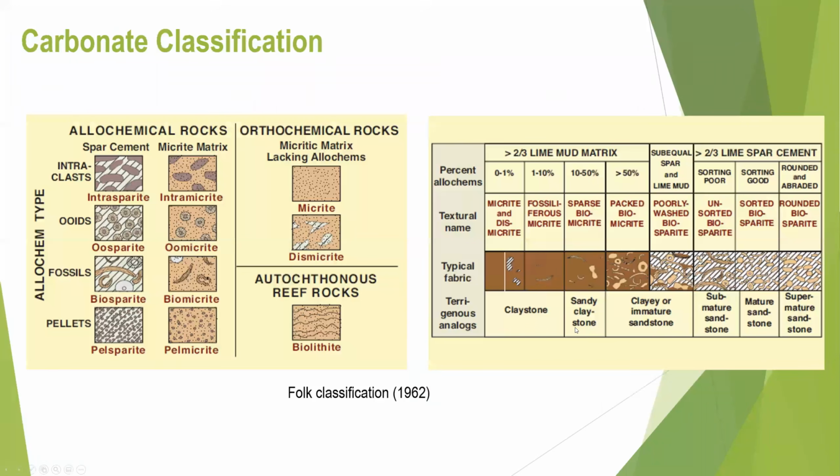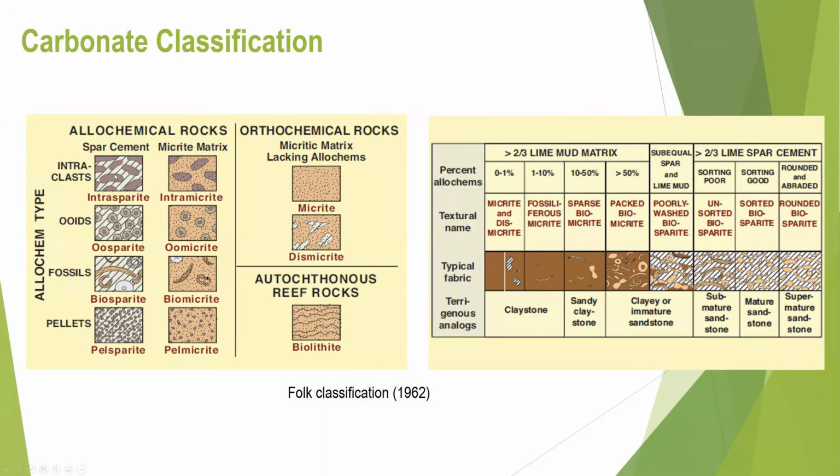But we have a different carbonate classification. That's from Folk, 1962. And these 2 classifications are based on the texture of the carbonate system. If we have just sparite or cement with grains, based on the type of the grains.